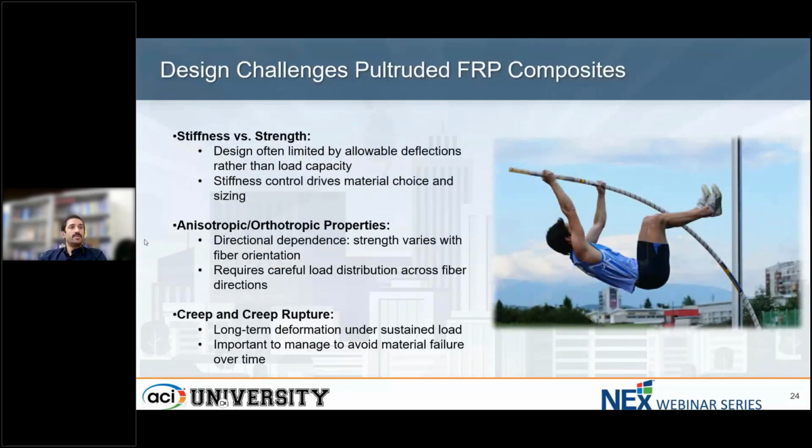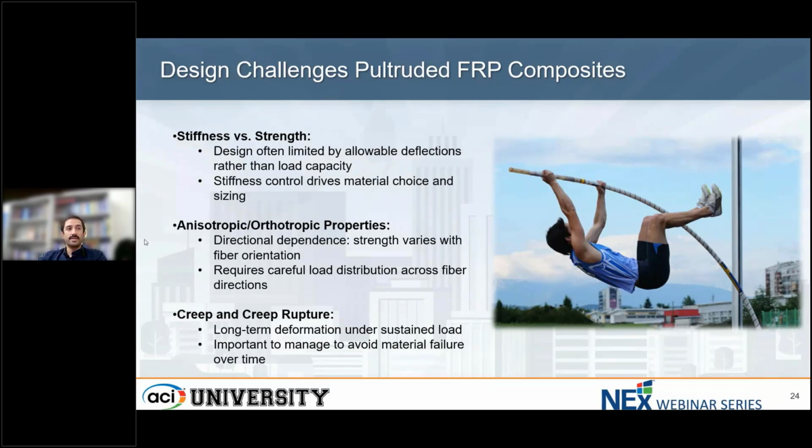Design with pultruded FRP introduces unique challenges. First, the balance between stiffness and strength. While FRP handles impressive loads, designs are often governed by deflection limits due to lower stiffness. And second, FRP's anisotropic or orthotropic nature makes its properties direction dependent.